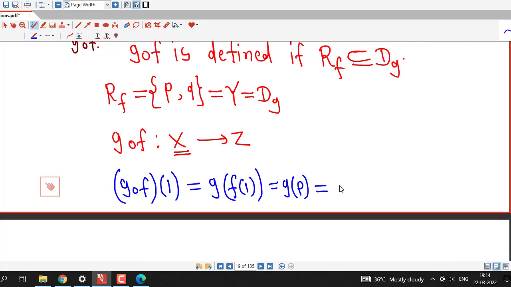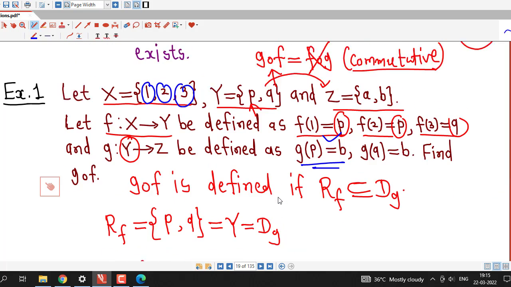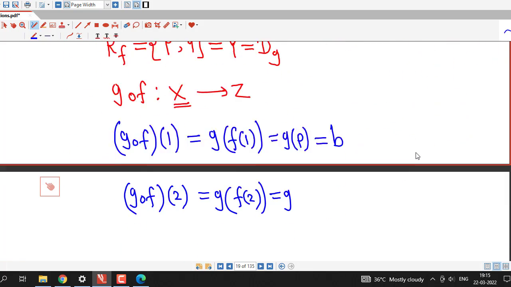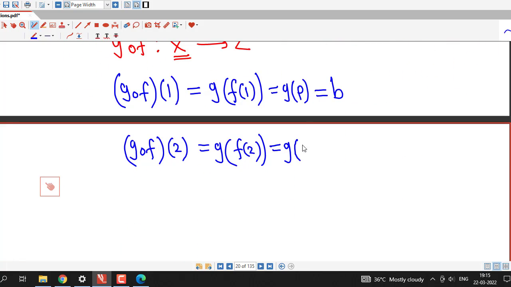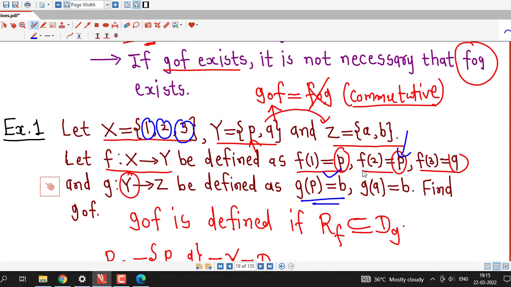So here we write g of p equal to b. Similarly we find out g o f at point 2. By definition it is g of f of 2, and f of 2 is given as p. So g of p is b. f of 2 is also p and f of 1 is also p.